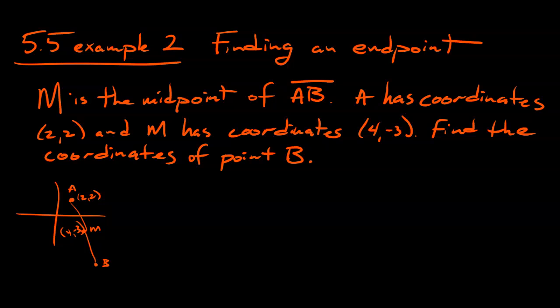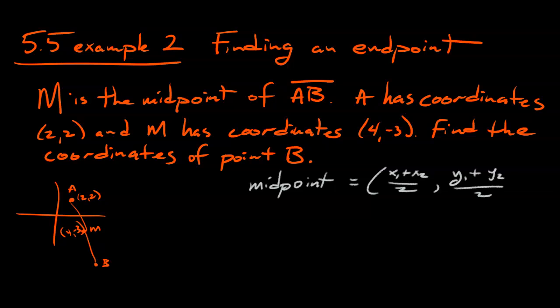So here's what I'm going to do, is I'm going to write out the midpoint formula again. And then I'm going to put in all the numbers I know. So the midpoint is 4, negative 3.